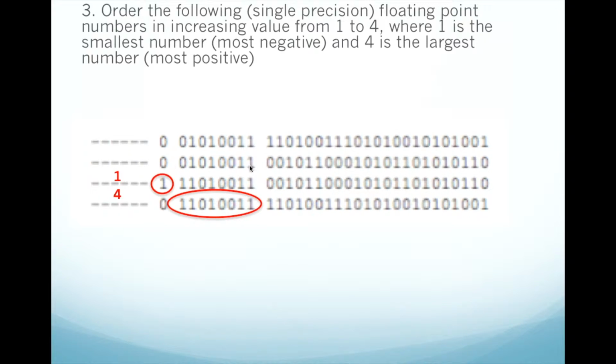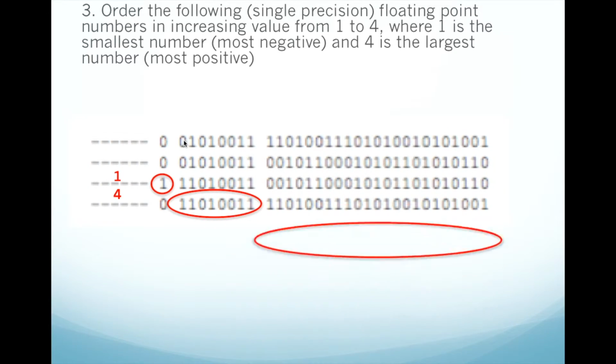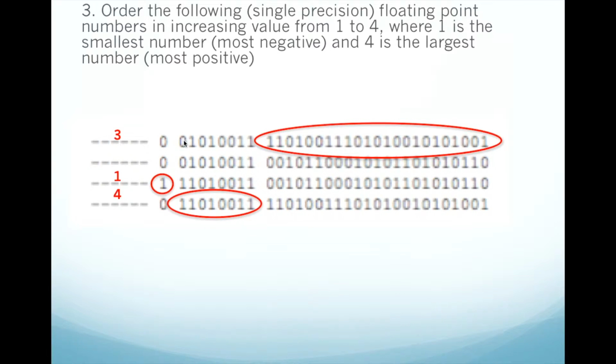If you look at the mantissa right here, you can already tell that this number is going to be bigger than this number because this significant bit is bigger than this. So therefore, this top number is going to be larger. And you can see that that's going to be the next largest, and that's going to be smaller. So that's the answer for number 3.